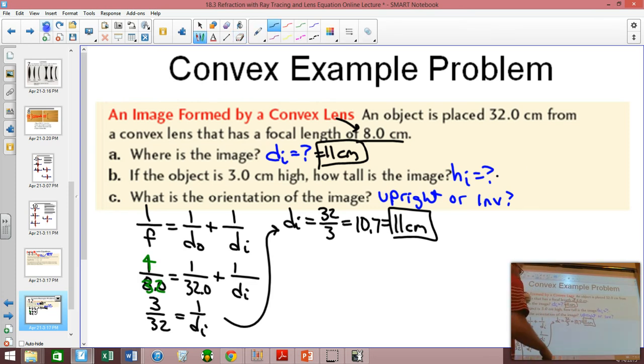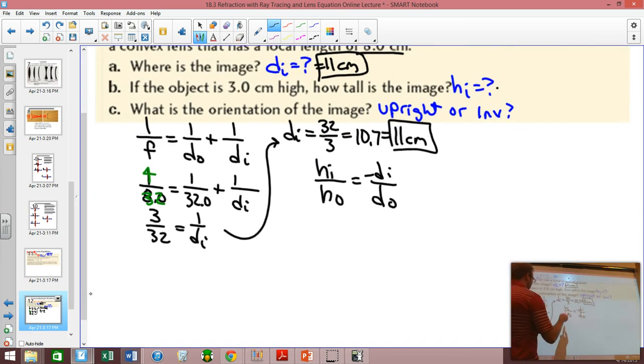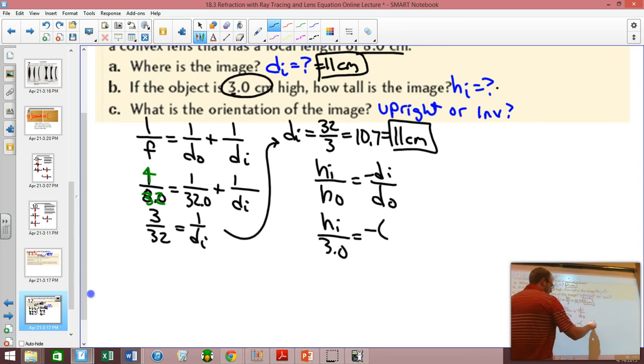How tall is the image? hi over ho equals negative di over do. Height of my image is what we're looking for. Height of my object is 3 centimeters. Negative distance to my image, I'll go with the 10.7, and I'll round it later. And then distance to my object was 32.